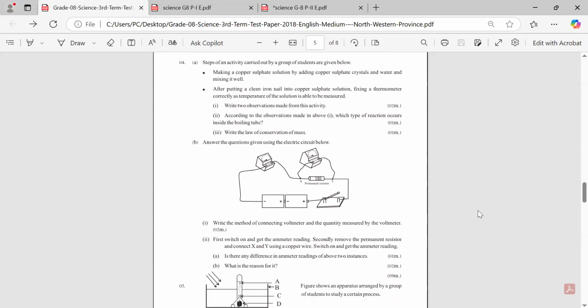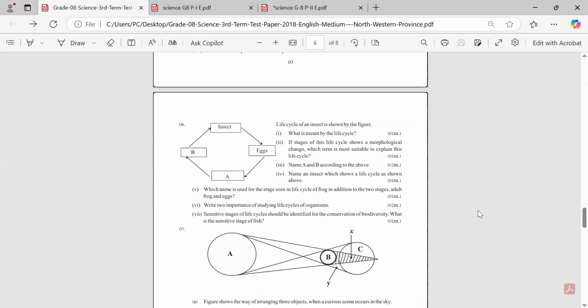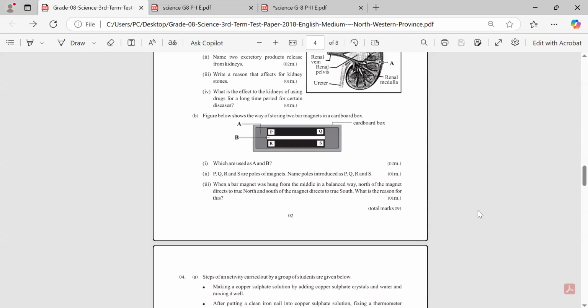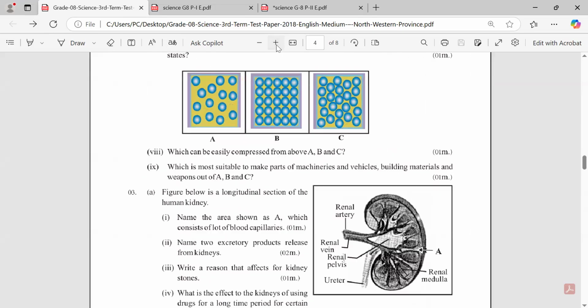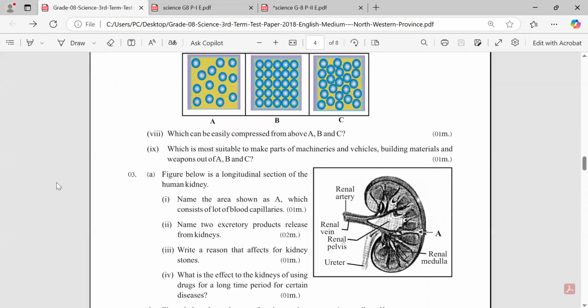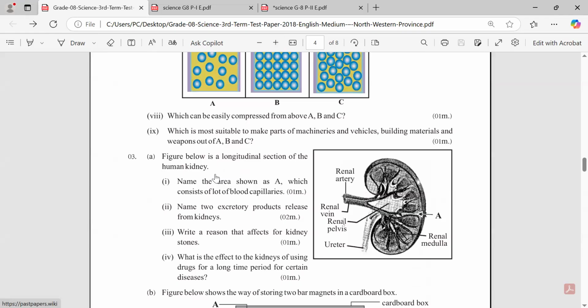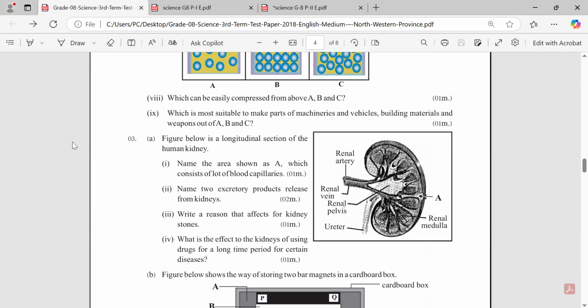Okay. We have one question on the kidneys. We'll try this question. Can all of you see the screen? Yeah. Okay, let's go to this. Try this question, question number 3. Yeah, 3A. Try it.